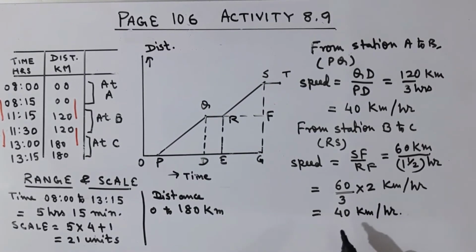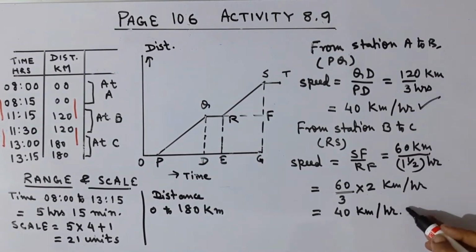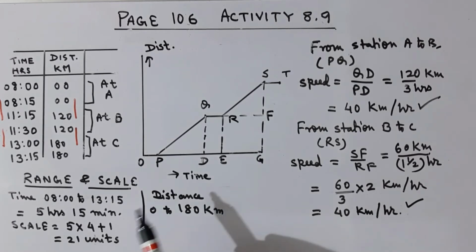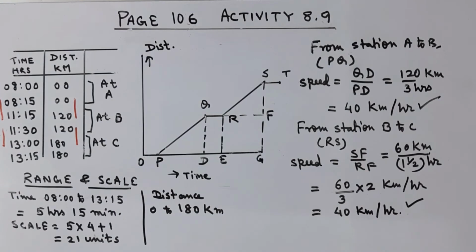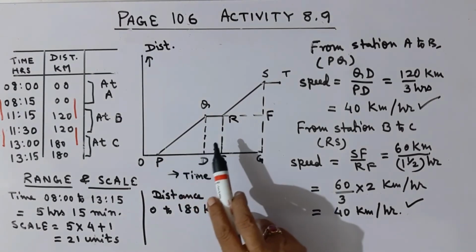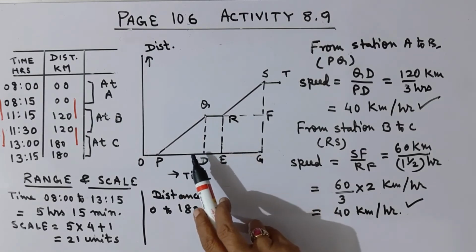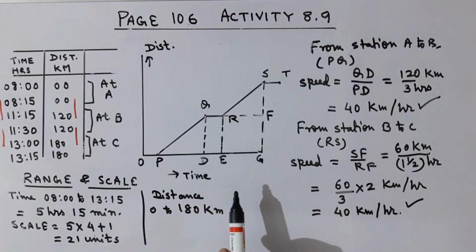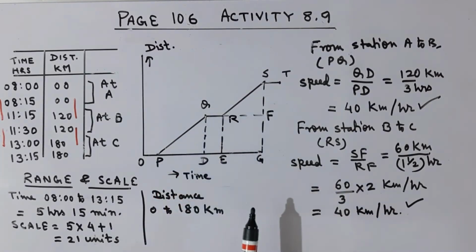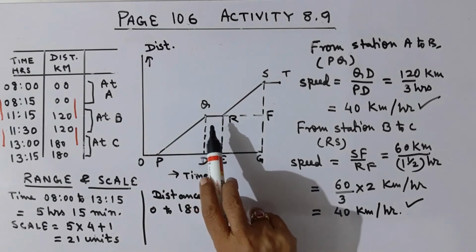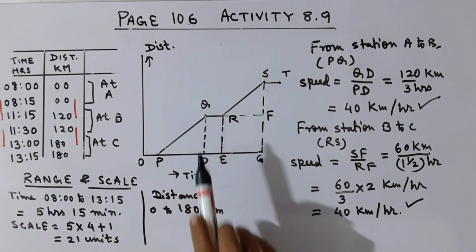So we see that the train moves with a uniform velocity, the same velocity from station A to B and then again from station B to C. We can see that the speed here is actually an average speed, because from 0 to maximum speed and then again to 0 when it stops, the motion cannot be uniform.